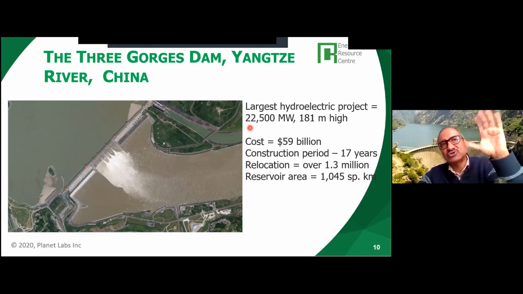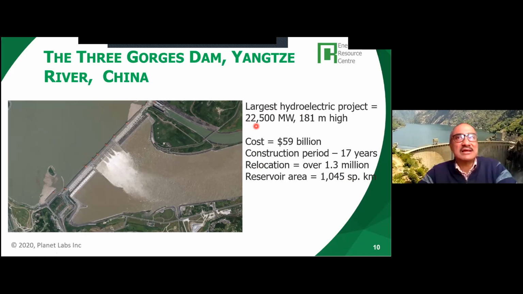I don't want to go into the social, environmental, economic aspects of this dam, but this alone, I just wanted to point out, is a hydraulic structure of immense size, and I think few countries can make it. Okay, and just imagine the amount of money spent, and the time it took to build this, also 17 years. It's not a joke.